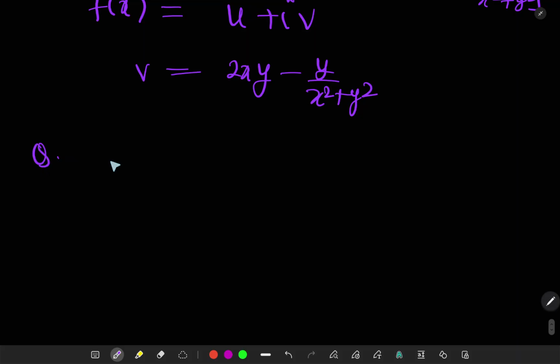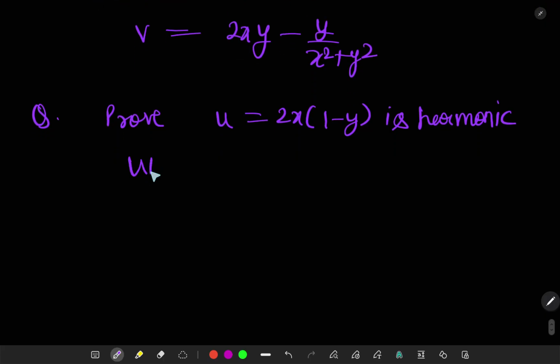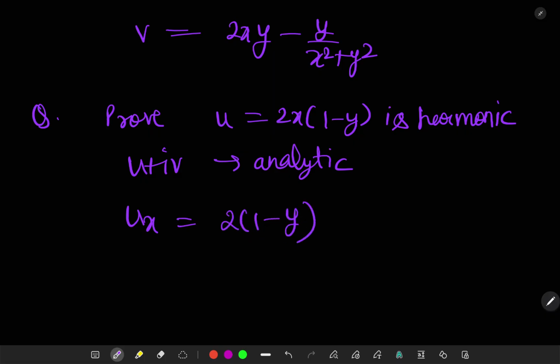Let's do another question. In this question we need to prove u is harmonic, and given that u plus iota v is analytic. So u of x is equal to 2 1 minus y.